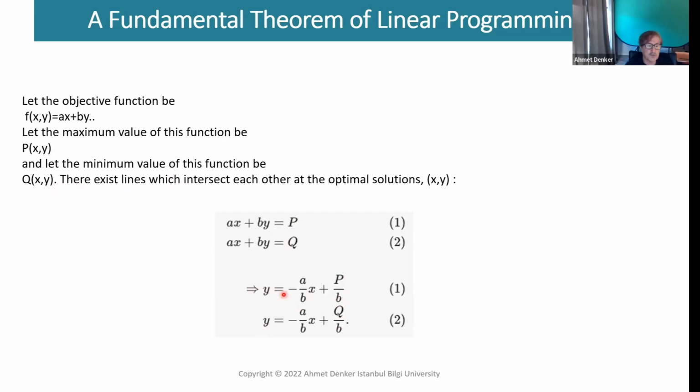If I am trying to maximize, I am going to look for the line which goes through one of the vertices with the maximum intercept value. For the minimization case, this time I am going to look for the line with the minimum y-intercept value.